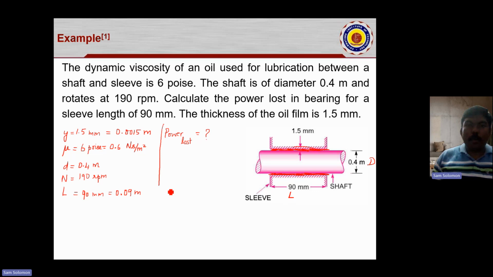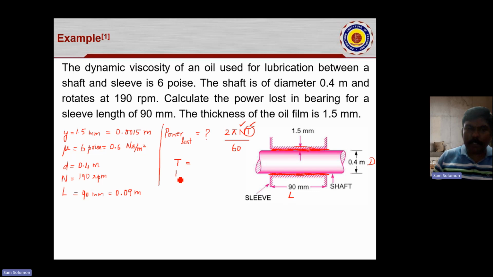Okay. So now we need to find out the value of this power lost. So what is this equation for power that we have? So equation of power would be 2 pi nt divided by 60, where n is your speed and this t stands for torque, the torque of this shaft. So we need to find out the value of torque.